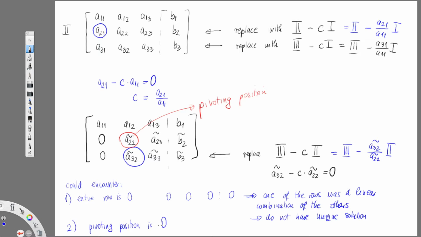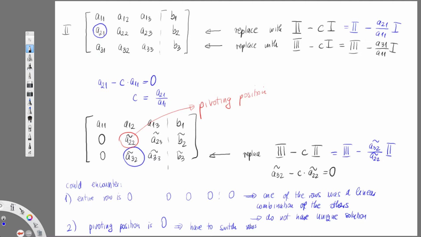Then I actually have to switch rows. If I switch my row 2 and my row 3, does that change anything? What do you think? In terms of a solution, does that change the solution? No. So our order of equations is really arbitrary.